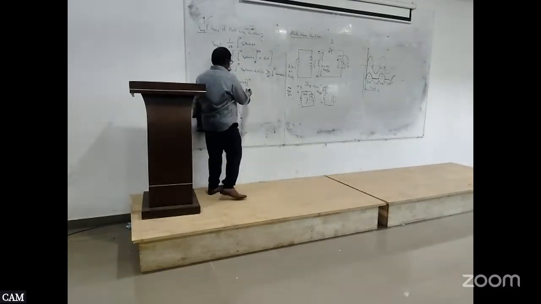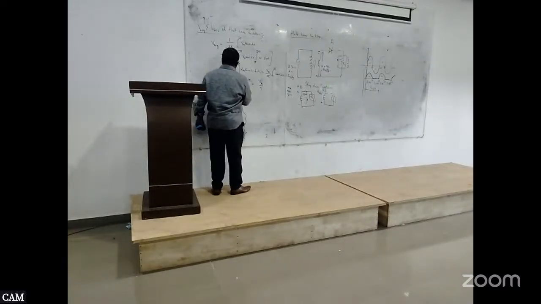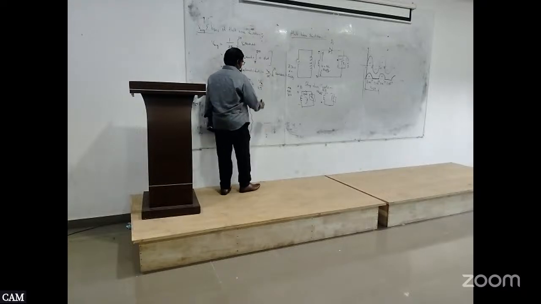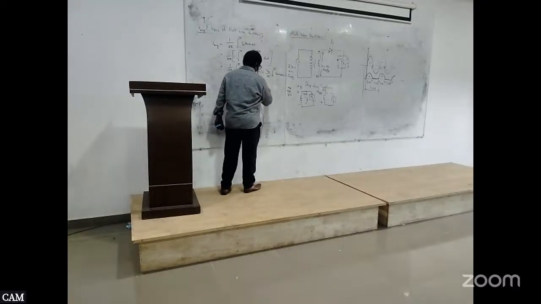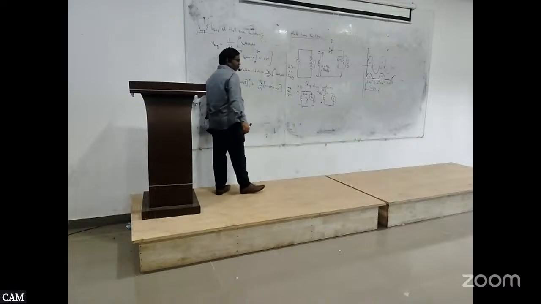Now this becomes Vm by 2 pi, minus of cos pi, and minus of minus cos 0. Applying the values, cos pi is minus 1, so minus of minus 1 gives plus 1, and plus cos 0 gives 1.